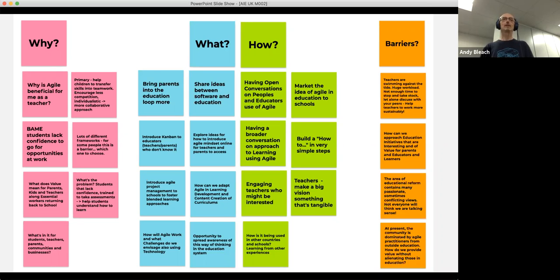So that's discussion topic number 1. Discussion topic in room 2 is to play with the idea of organising a festival to celebrate Agile thinking in education around the world. That's something I've mentioned to 1 or 2 of you, and I think it sounds like quite an attractive idea. So that was room 2.